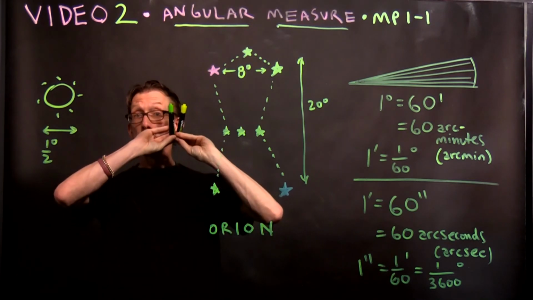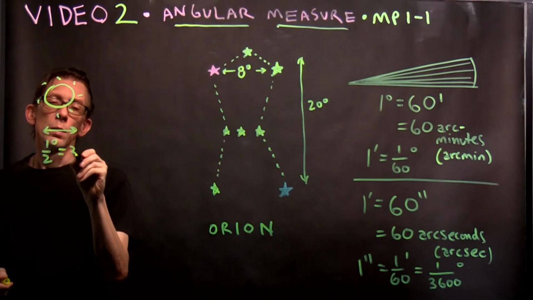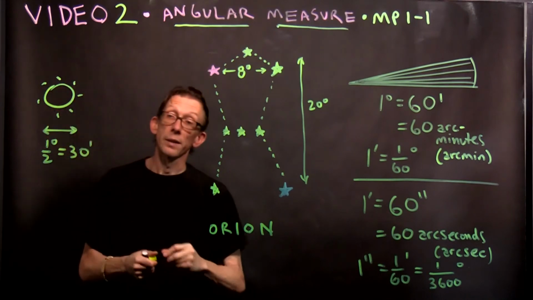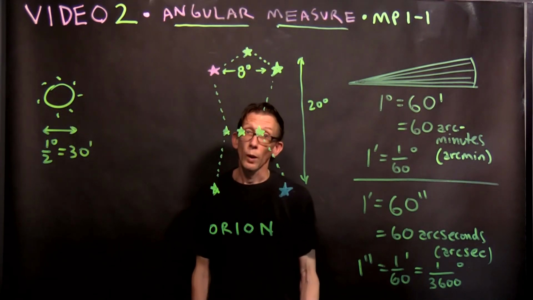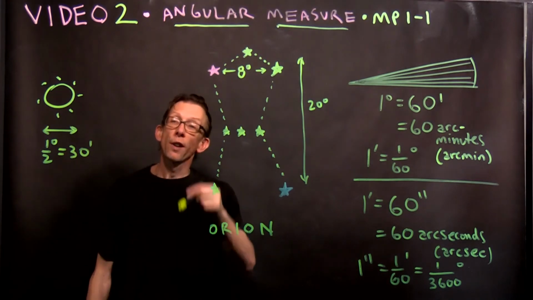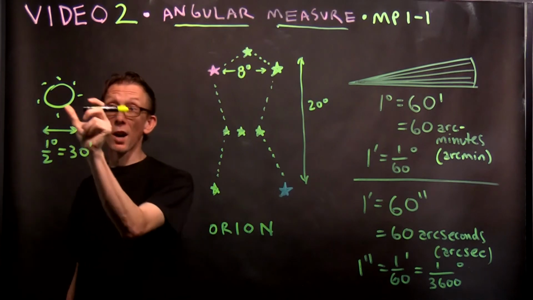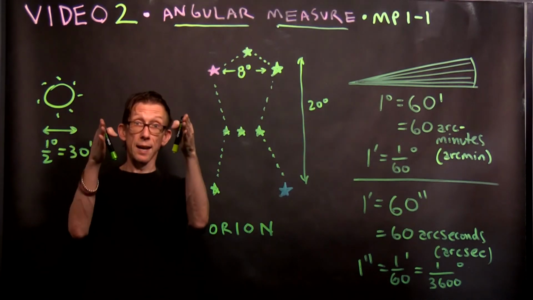That'll be about 1/2 degree. Okay, so that is equal to 30 arc minutes. Pardon me. 1/2 degree is 30 arc minutes. The sun is 30 arc minutes from side to side.